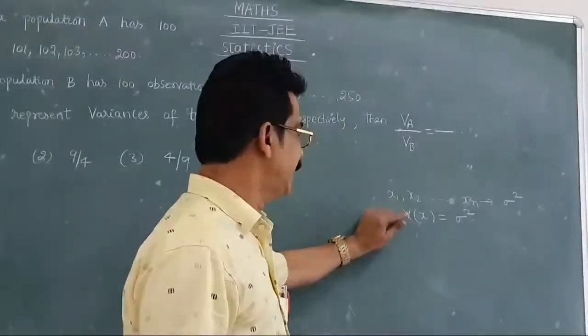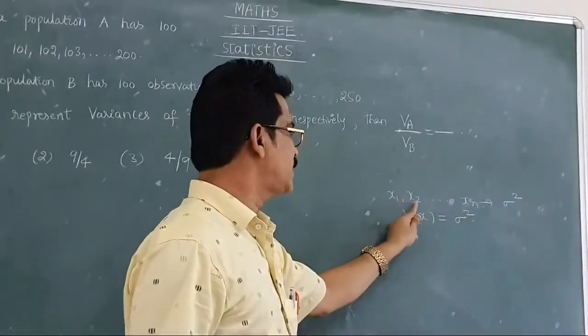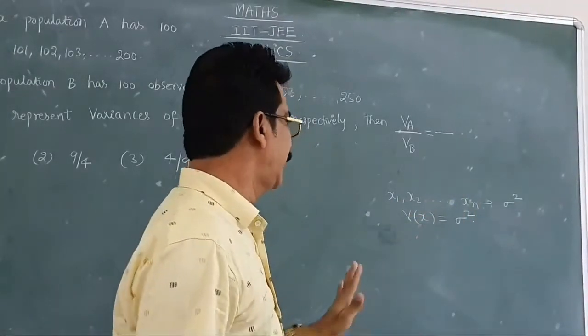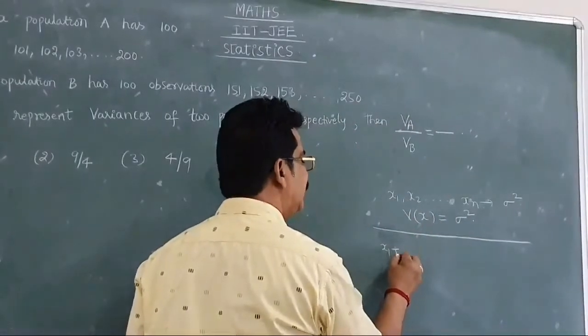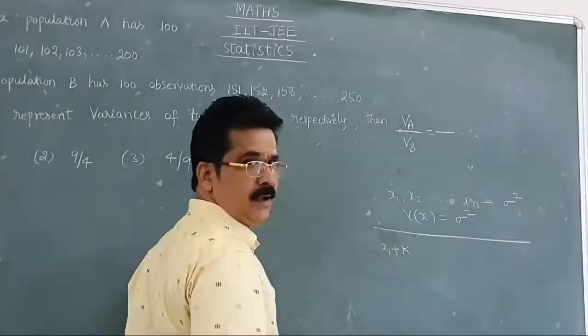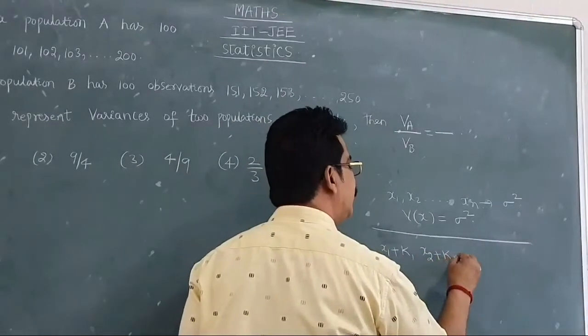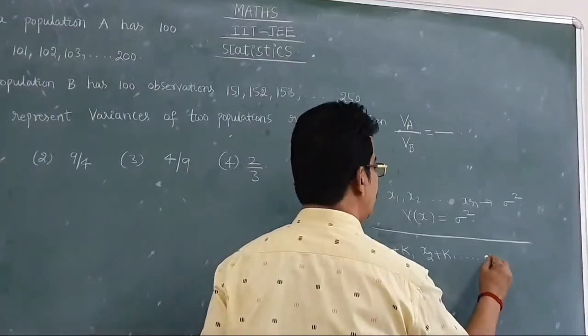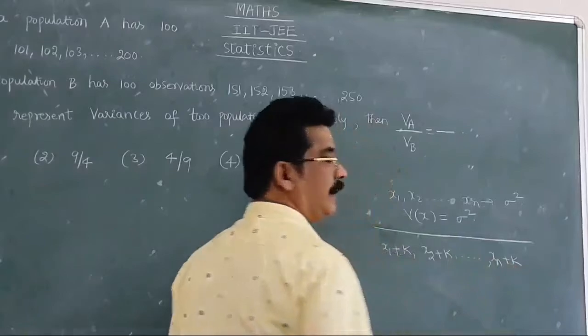Simple representation: variance of x, x means n observations x1, x2 and so on, xn. Right. For example, take the first observation, add some value k. Next, take the second observation, add the same value, and so on, xn plus k.